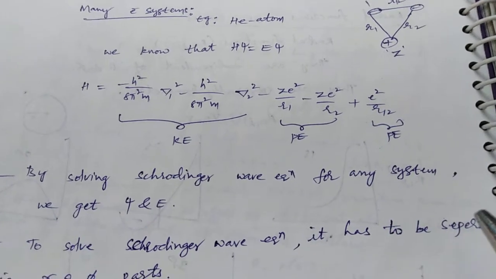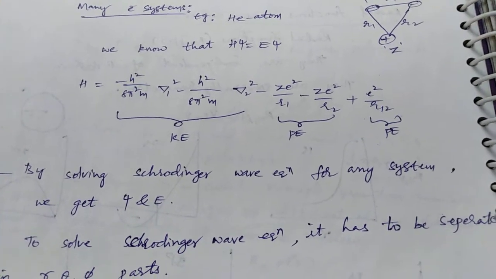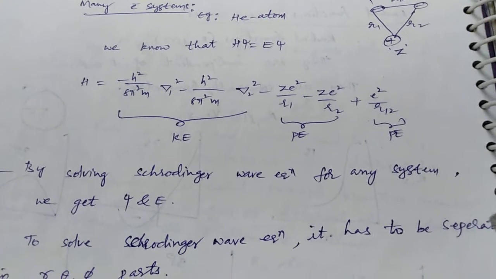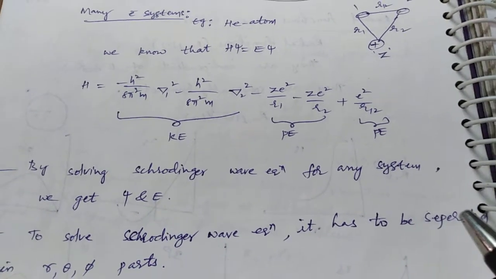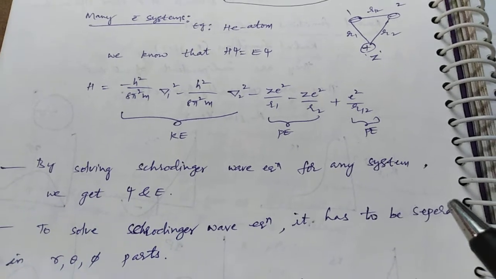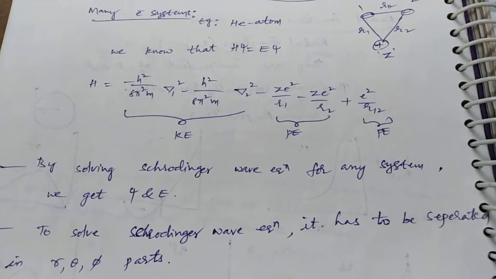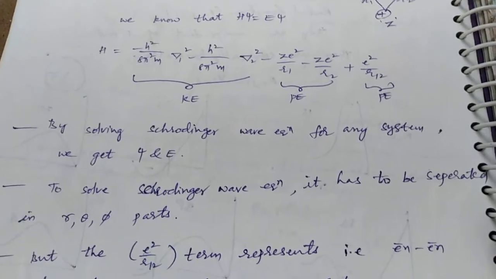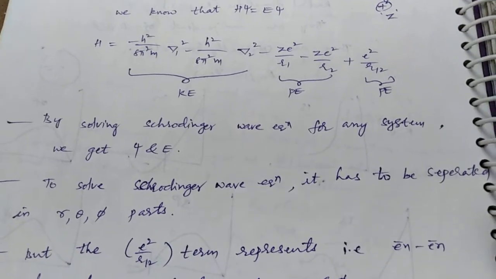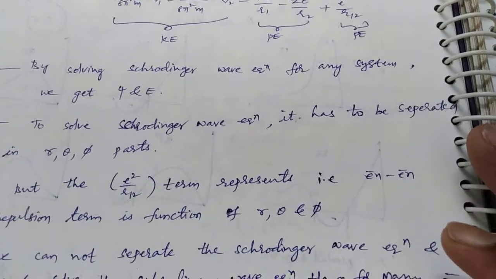By using the Schrodinger wave equation for any system, we get psi and energy expressions. To solve the Schrodinger wave equation, it has to be separated into R, theta and phi equations.